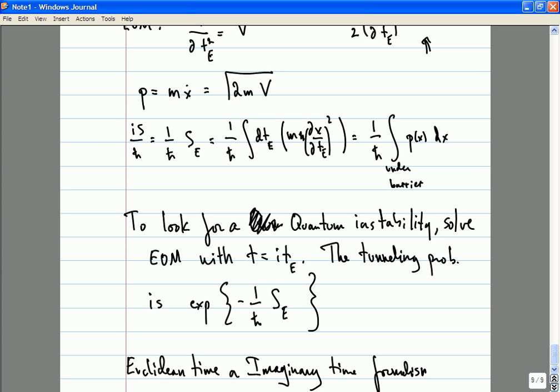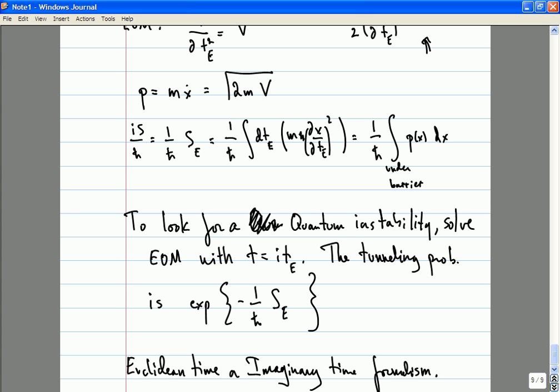At this point, you can view this purely as some sort of formal trick for manipulating the equations of motion in order to give you an approximate expression for a tunneling probability. But when we study quantum statistical mechanics, we'll see that in fact this Euclidean time formulation actually leads to a rather deep relationship between the ideas of unitary time evolution that we studied in the last 2 weeks and ideas in finite temperature physics.